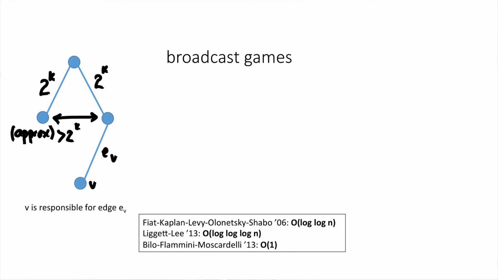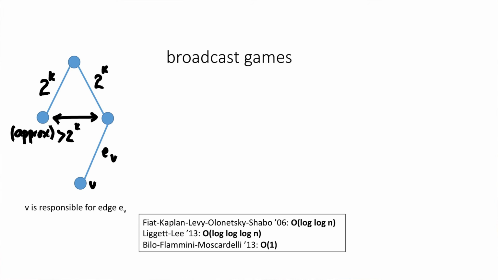Now, one can show some sort of relatively standard primal dual arguments. One can show that if you have two edges that have about the same cost, some cost 2 to the k, then the distance between those two corresponding vertices has to be large. Okay. So, all the vertices that are paying a large cost for their edges are well separated, and therefore, the total cost is not very large.